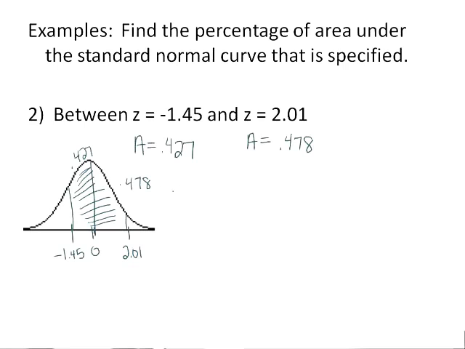But I want the total area that's shaded, so that means I'm going to have to add the two areas together. Which gives me a total of 0.905, and as a percentage, 90.5%. So when the z-scores are on opposite sides of the mean, and you're looking for the area in between the z-scores, add the two areas together.